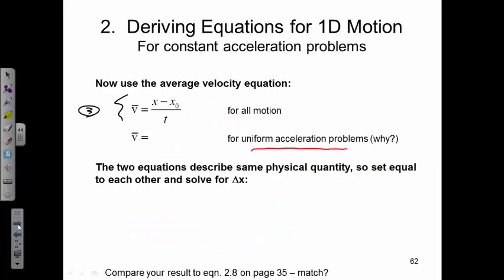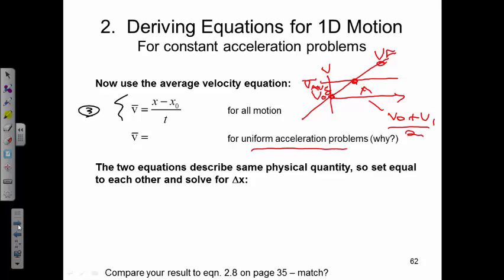When we had a velocity versus time curve for a constant acceleration situation, it turns out it's a straight line. If it's a straight line, then we can take our initial velocity and some final velocity, and the average is going to be in the middle. To get that middle point, since it's a straight line, we just use the midpoint formula. To get the average velocity, v bar, we take the average of these two values, the starting value plus the ending value, divided by 2.